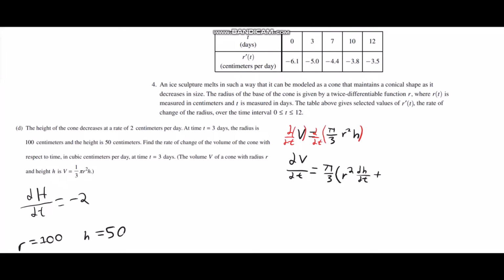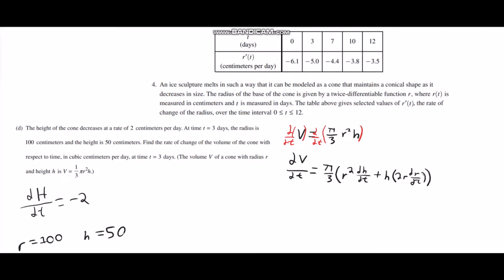Then we add the second function, which is h, times the derivative of the first. So we have to differentiate r squared with respect to t. First we'll do the power rule, we get 2r, but then we can't forget the chain rule, multiply by the derivative of the inside function. So that's going to be a dr dt.